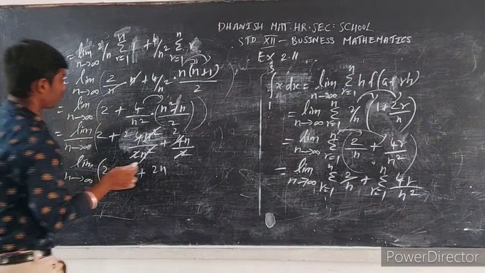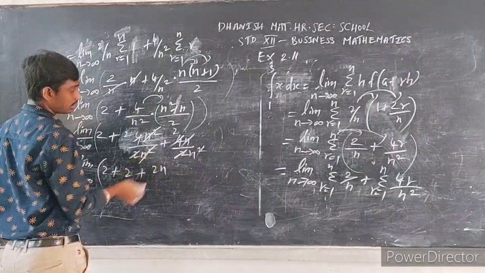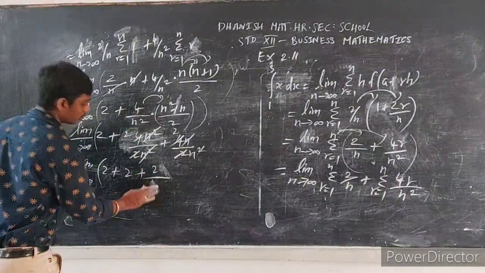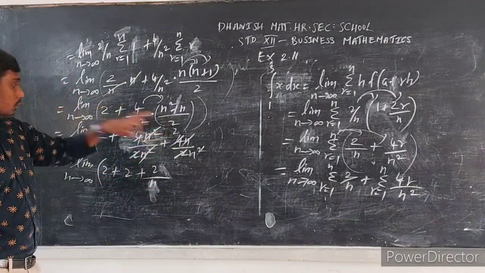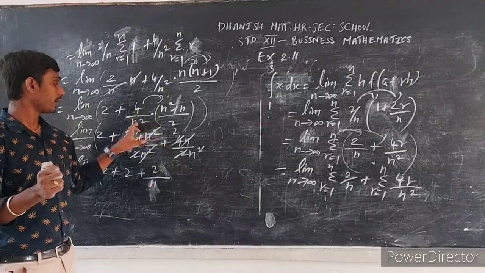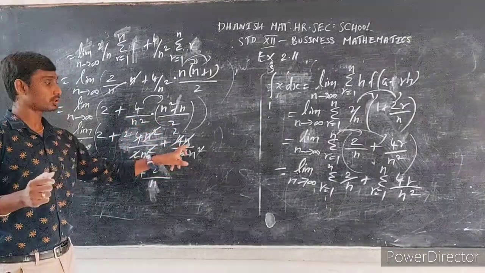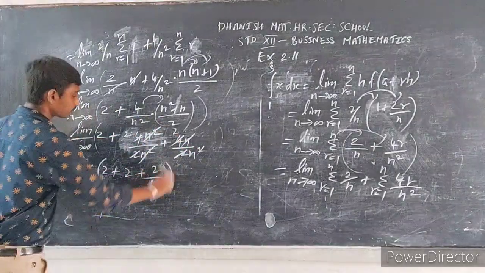Here it's already 2n, so n cancels here. That is 2 divided by n. This 2 into this n square, that will be 2 into n square. You have to write like this. Here n square and n will be cancelled. The remaining value is 2 by n.